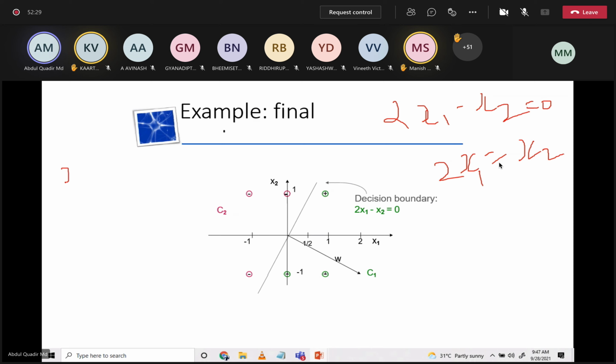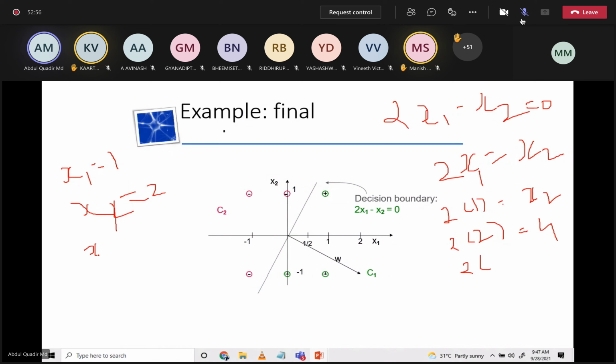Now if I supply x1 equal to, say for example, 1, what will be the value of x2? 2. If I supply x1 as 2, what will be the value of x2? 4. If I supply x1 as 3, can you see x2 value will be 6.